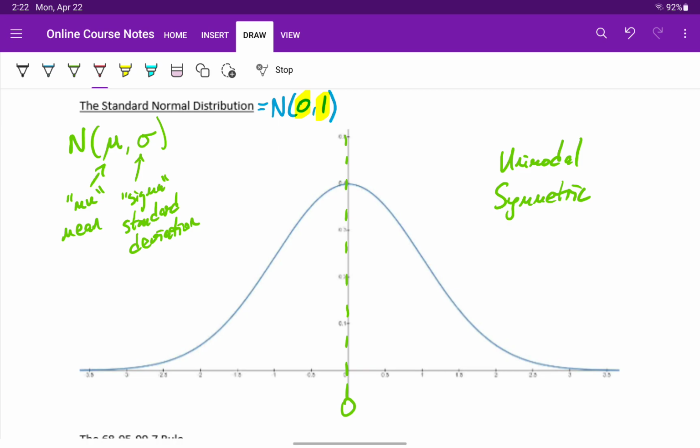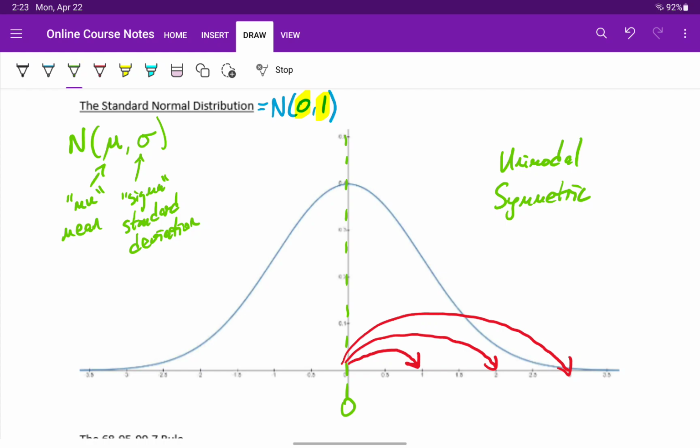And then we can use the standard deviation to count distances out from the mean, or count deviations out from the mean. In this case, with a standard deviation of 1, we could count out 1 standard deviation from the mean, 2 standard deviations from the mean, 3 standard deviations from the mean, and so on.